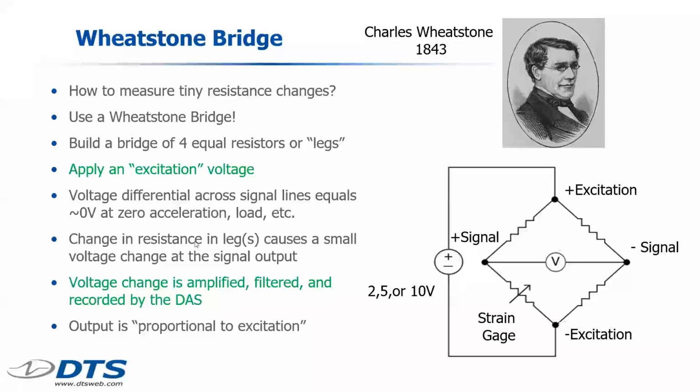The tiny changes that come out of the bridge when we excite them with acceleration or force, a physical stimulus, need to be amplified, filtered, and then recorded by the data acquisition system. A key point is that the output is proportional to the excitation. The more excitation voltage we apply, the more signal we get per unit of physical stimulus.